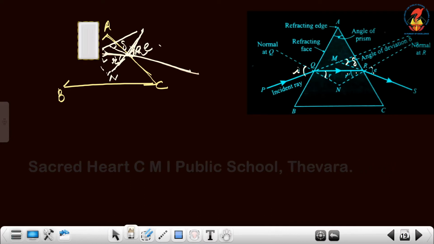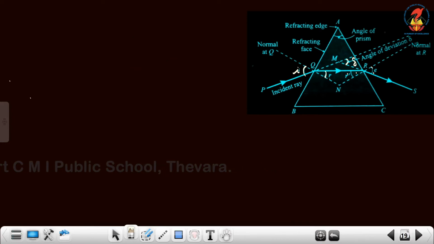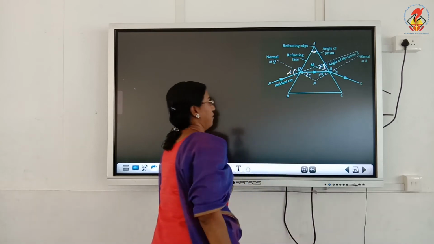Okay. Now we are going to derive the relation between angle of incidence, angle of emergence, angle of prism, and also angle of deviation. This is the angle of prism taken as A itself.